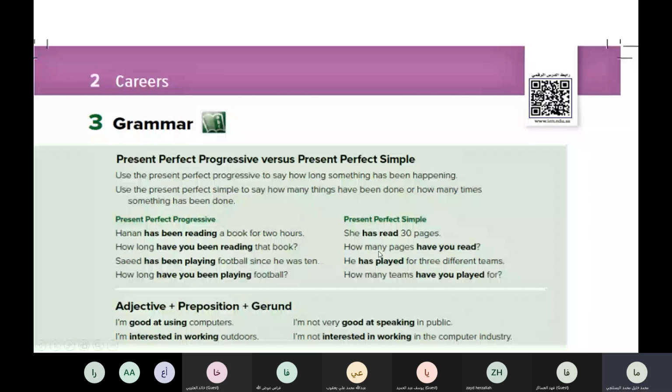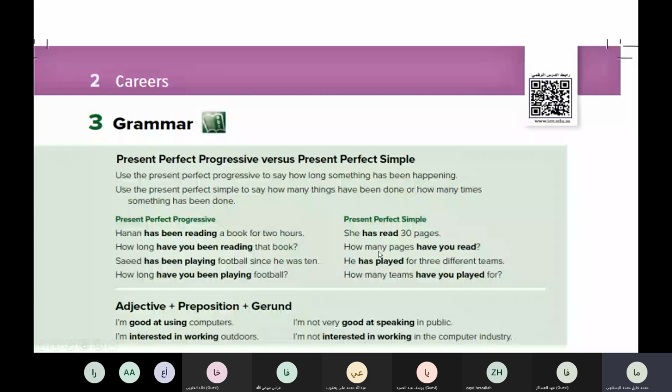Who can read the next example? Yes. Said has been playing football since he was 10. Good. You realize here also we focus on what? We focus on the time.